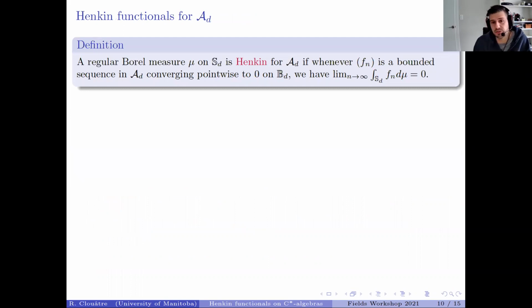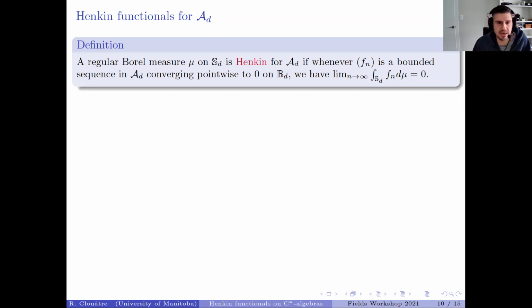Well, a Henkin measure again, but you might think that I'm just repeating at this point, but there is a bit of a subtlety here, which I will point out in a minute. You have a regular Borel measure mu on the sphere. I'm going to call it Henkin for AD if, and this condition looks very familiar now, whenever you have a bounded sequence in AD converging pointwise to 0 on the ball, then the corresponding sequence of integrals converges to 0 as well.